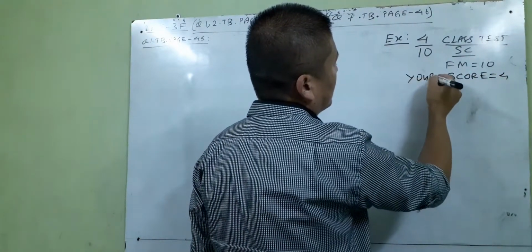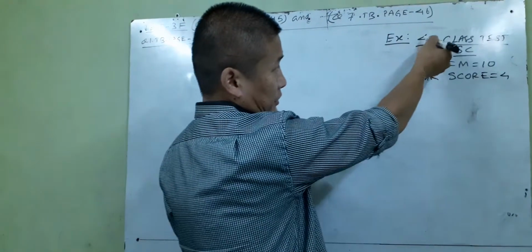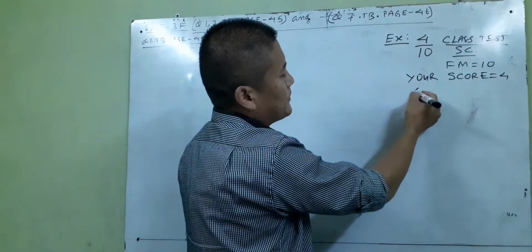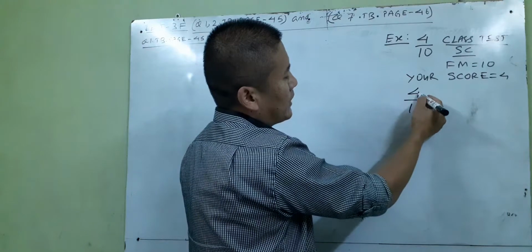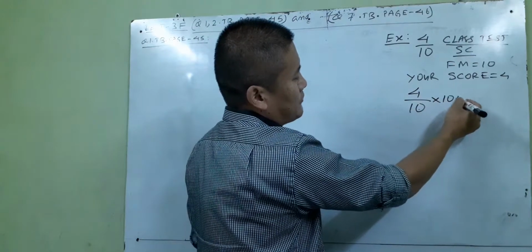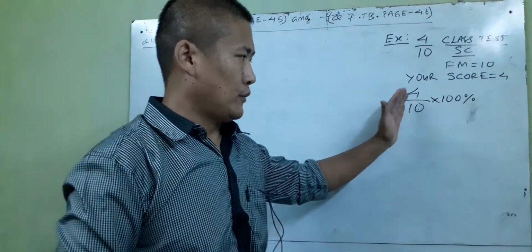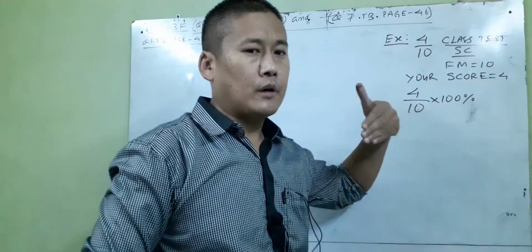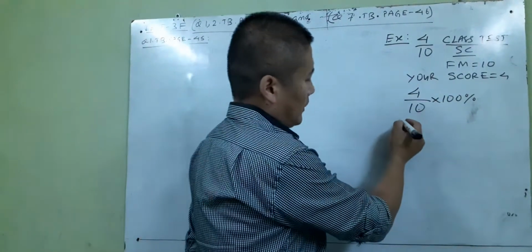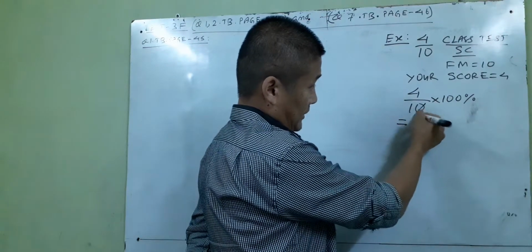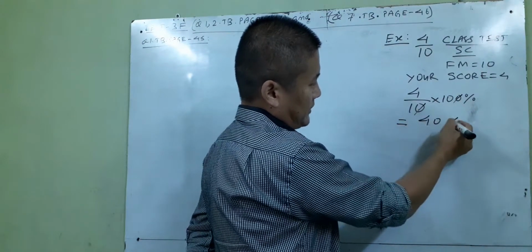So the teacher has written 4 by 10. What does this mean? Now you write your mark by total mark and multiply by 100. That is called percentage. In other words, out of 100, how much would you have gotten? Then you cancel this, then you get 40%.